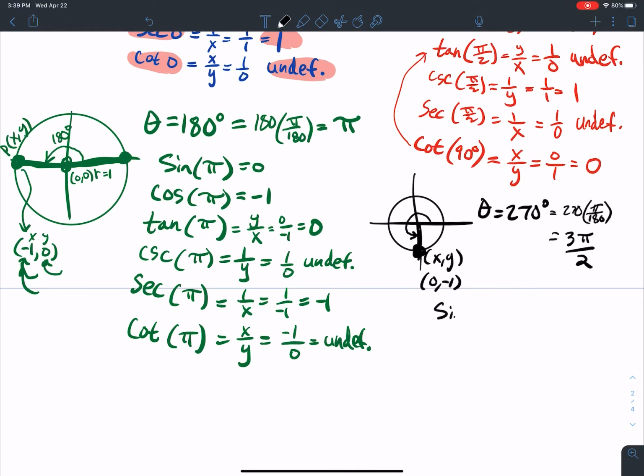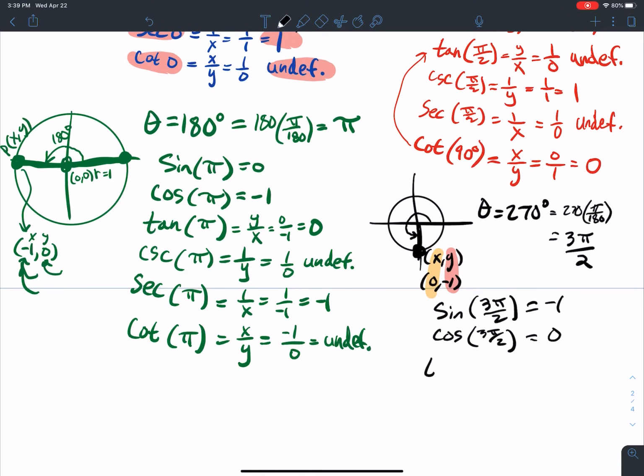So the sine of 3 pi over 2 is equal to, well, what's the y value? The y value for this part is -1. Okay, cosine 3 pi over 2. What's the x value? The x value is 0.